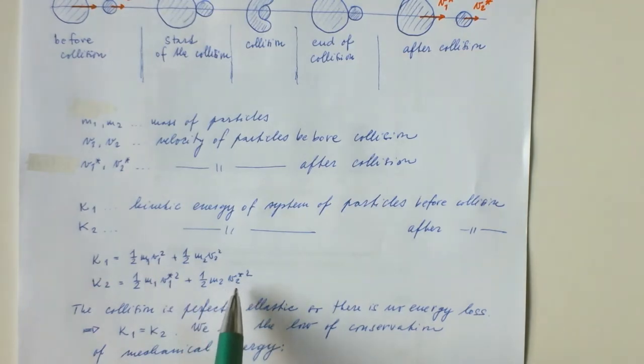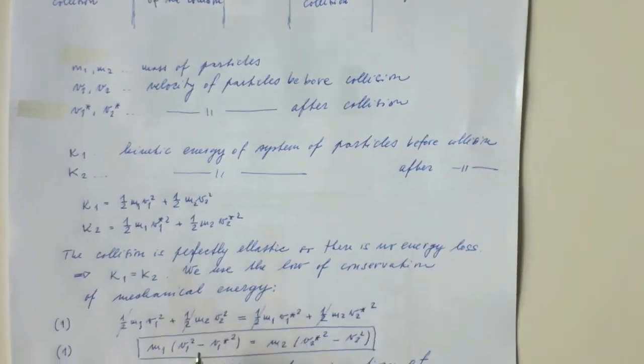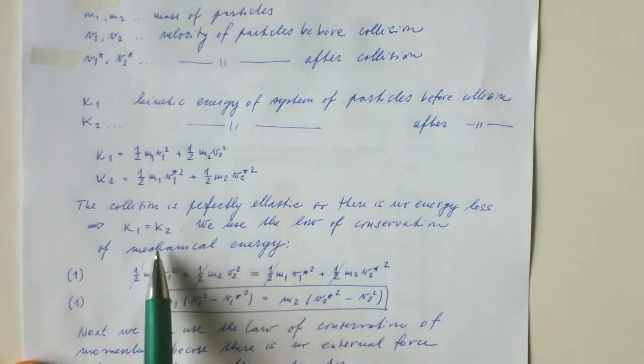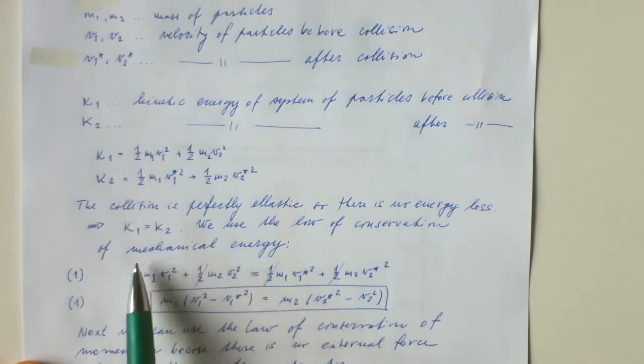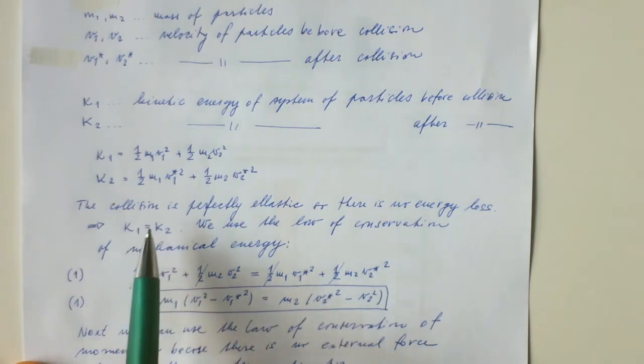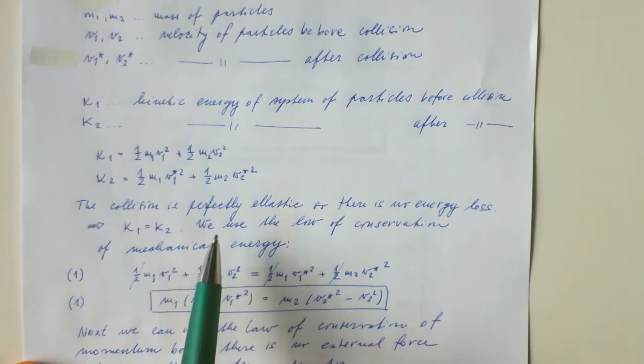This is the velocity of the second particle after collision. So this is the shape of the first equation when we compare the energy of particles before and after collision, because they must be equal. There is no energy lost, and we use the law of conservation of mechanical energy.